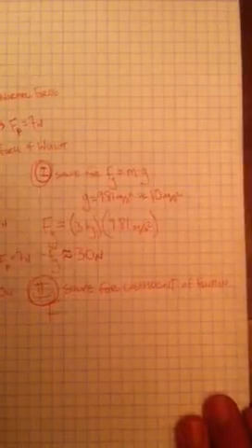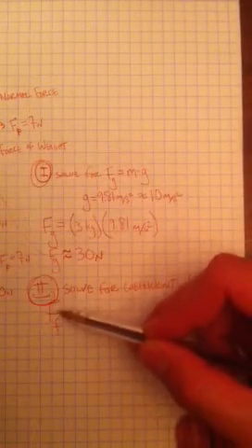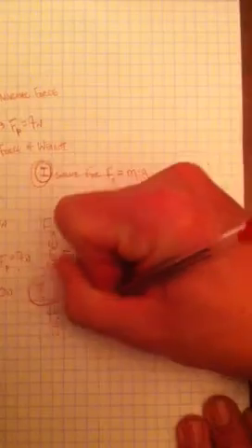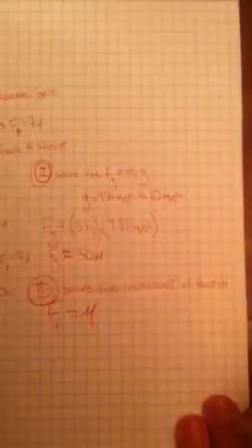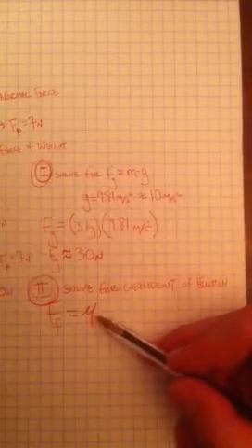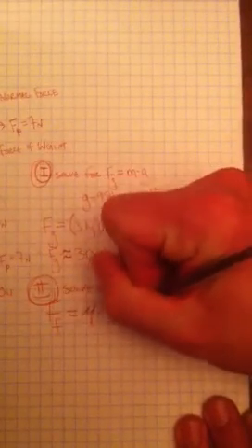So how do we do that? With the fun equation. And the fun equation says the force of friction, F sub F, subscript meaning friction, it's a force, is equal to mu, which is the symbol for the coefficient of friction, times the normal force.